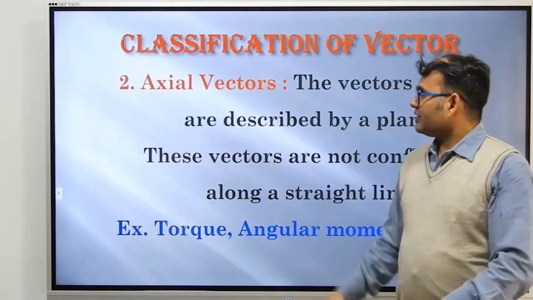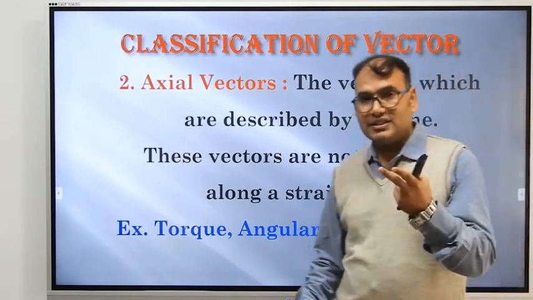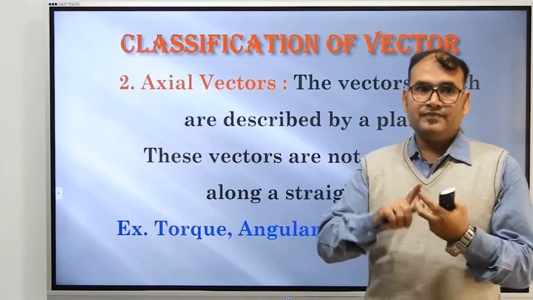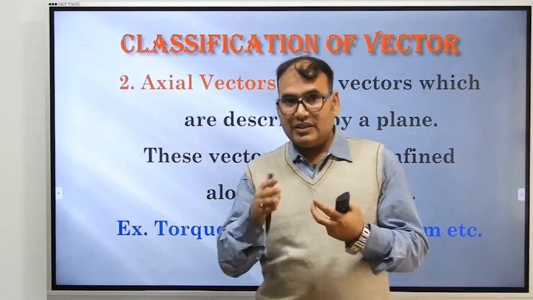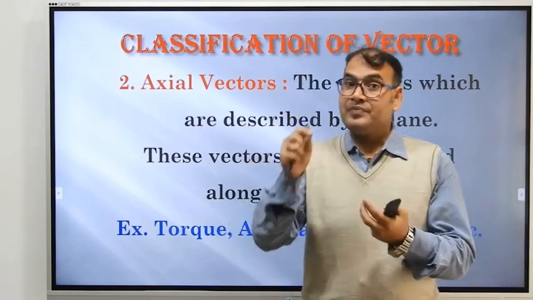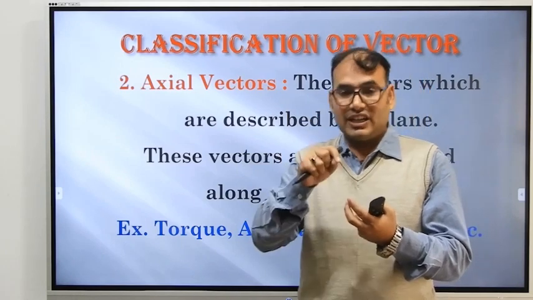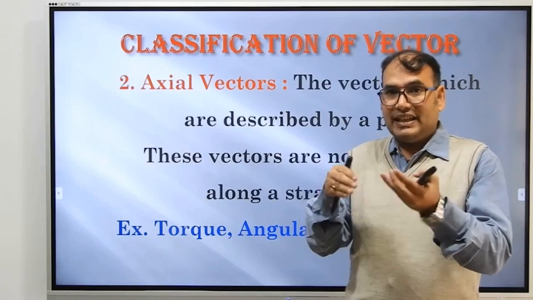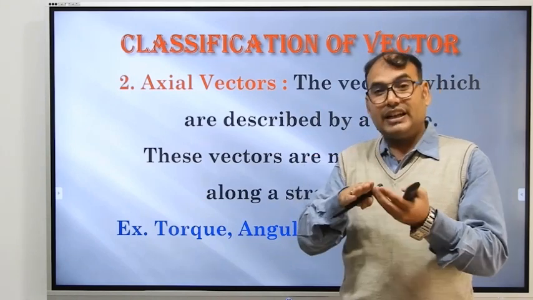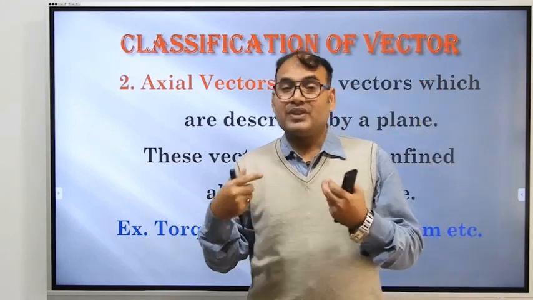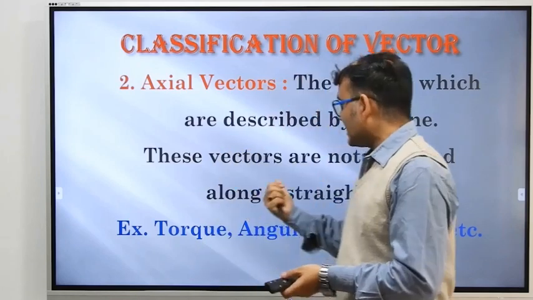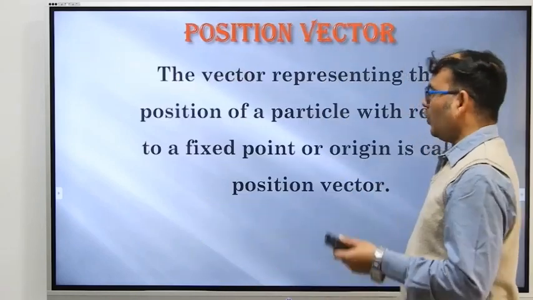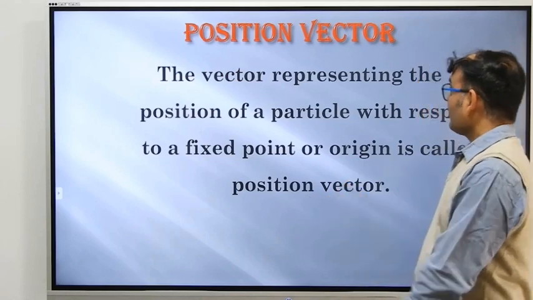So these are the two classes of vectors. One, the polar vector. Other, the axial vector. Polar vectors are the vectors having well-defined starting point. The vectors which cannot be represented in a straight line, or which require a plane for their representation, are called the axial vector. These are the two classes of vectors. So all vectors lie in these two classes.